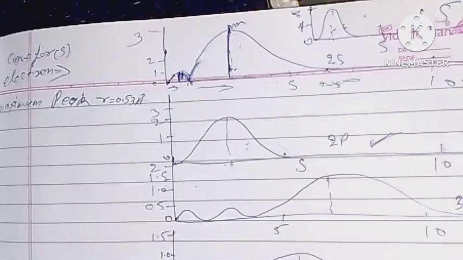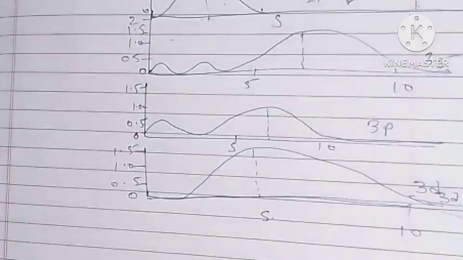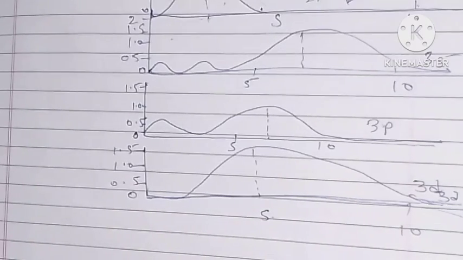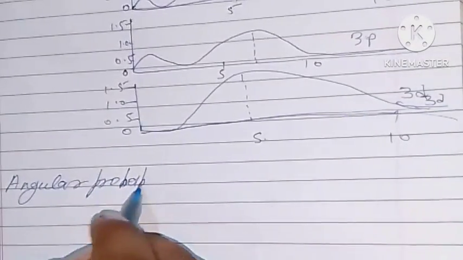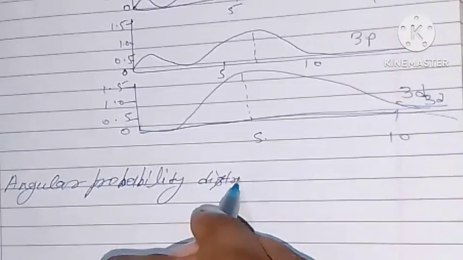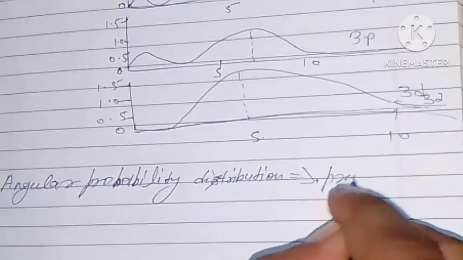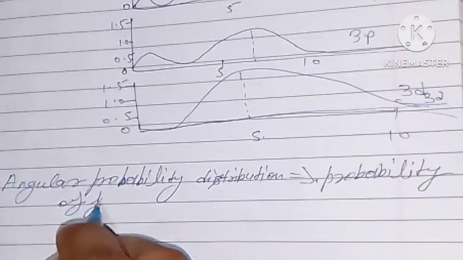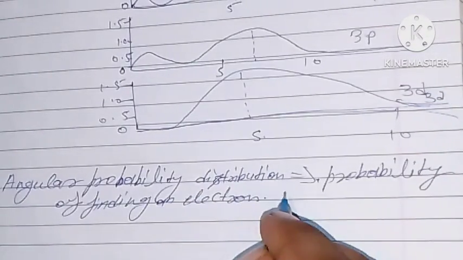Angular probability distribution. It gives the probability of finding an electron in a given direction.